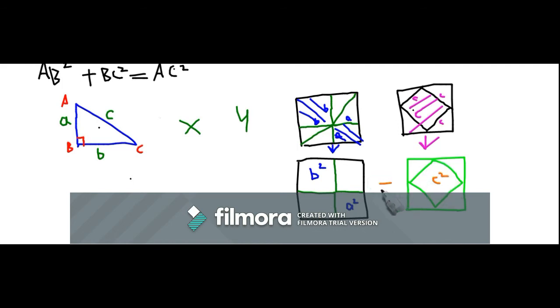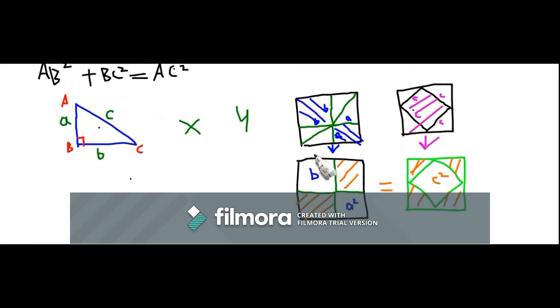Now we are going to shade the region of the four triangles, and it is common for us to know that the shaded region of both the squares is going to be equal, since we have taken four triangles of equal area, of equal base, hypotenuse and height.